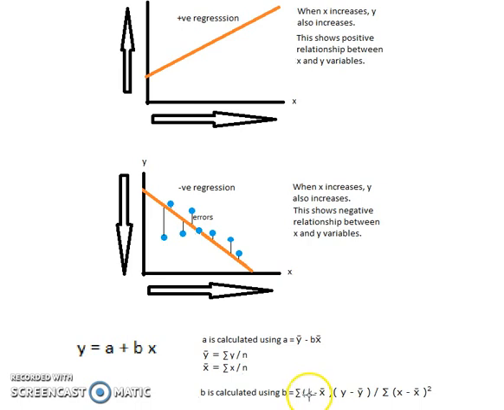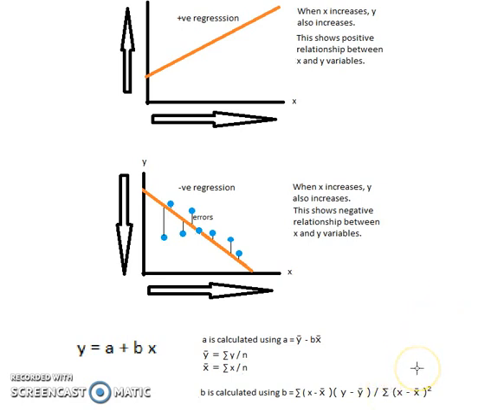So we are subtracting the mean from each observation, and then we are multiplying with the deviation of each observation of y from the mean of y, and then we are taking the summation of this, and then we are dividing it by the squared deviations. Again, x is subtracted from the mean of x for each observation, squared, and then a summation of that is taken.